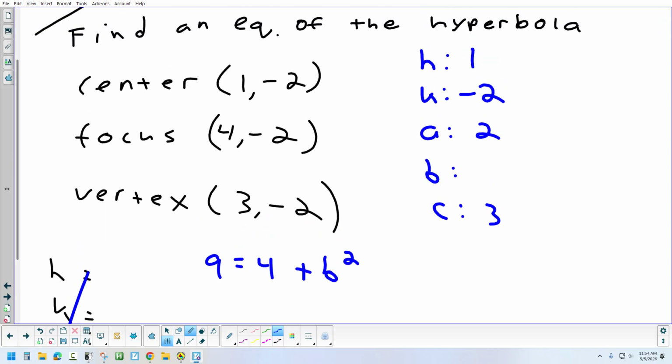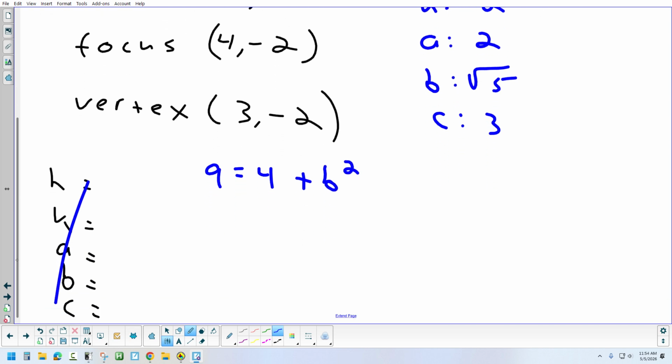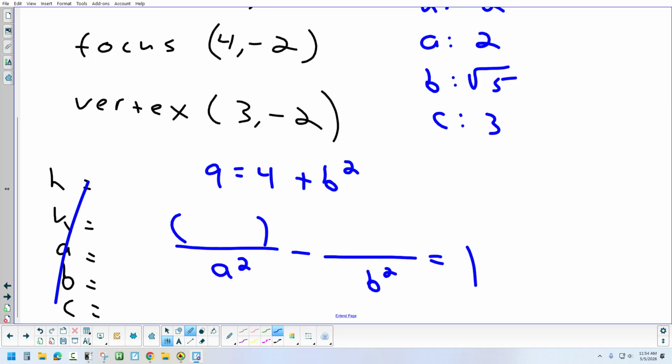Root 5. Okay, now we need our pattern. Well, I know it's going to have an A squared, a minus, a B squared, and a 1, and squared, squared. But I don't know what else until I think about it a little bit.